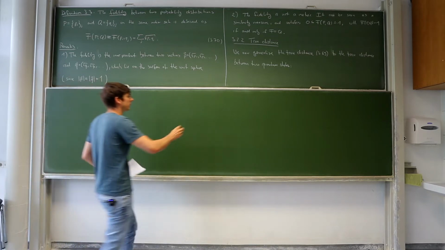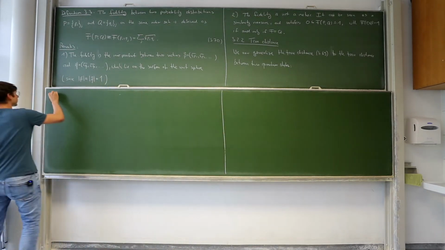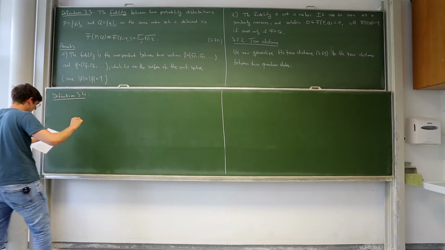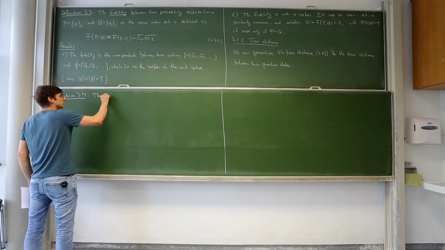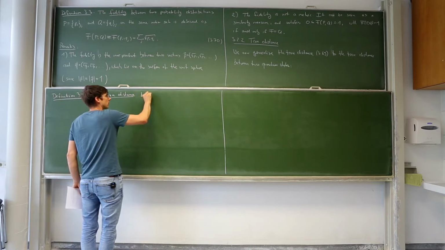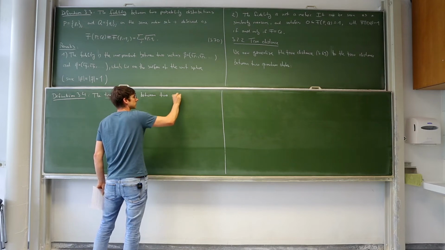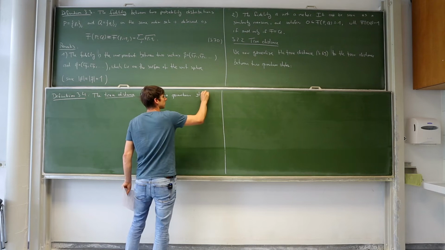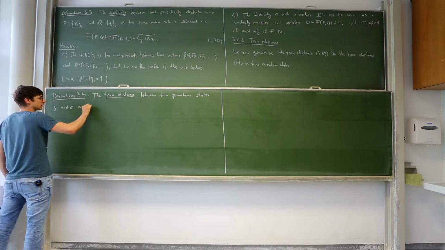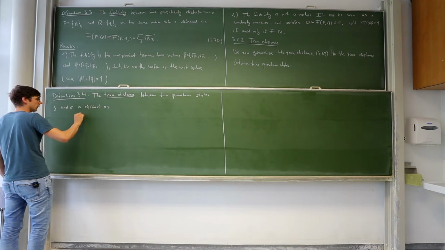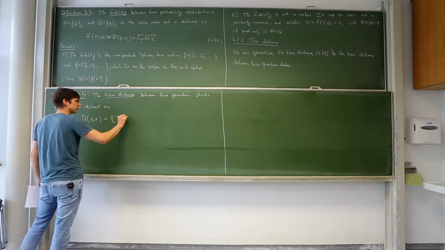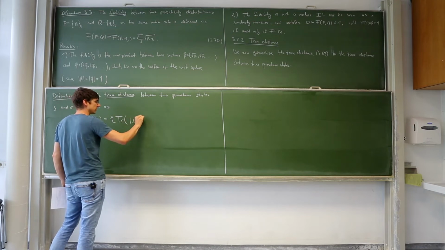So this is definition 3.4. The trace distance between two quantum states rho and sigma is defined as d of rho sigma equal to 1/2 the trace of the modulus of rho minus sigma.